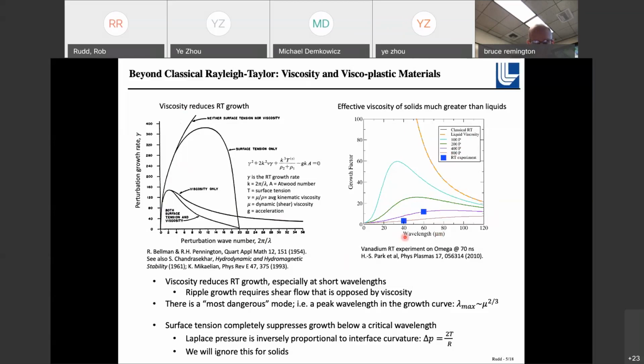And you can notice that, well, for say the 400 poise response curve, there's now a maximum in the curve that occurs at 80 microns, and you get measurable growth even at the shorter wavelengths. So 400 poise is a very high viscosity.